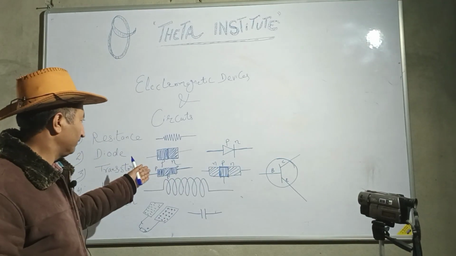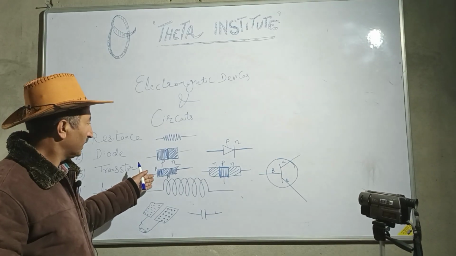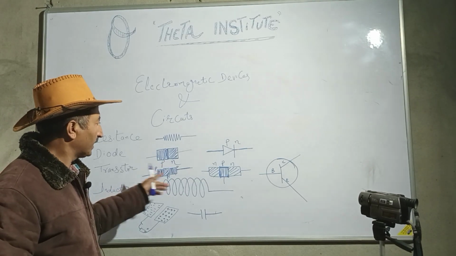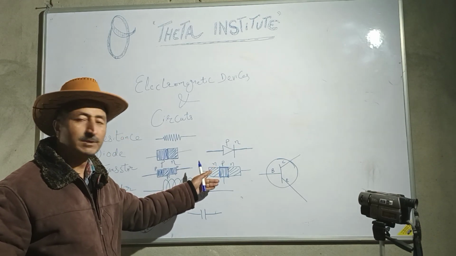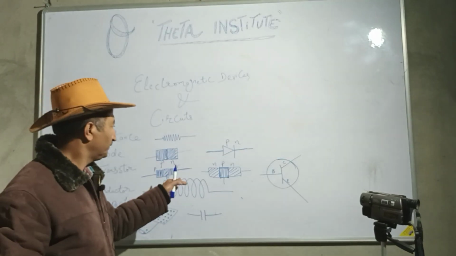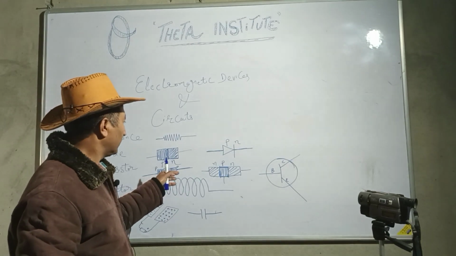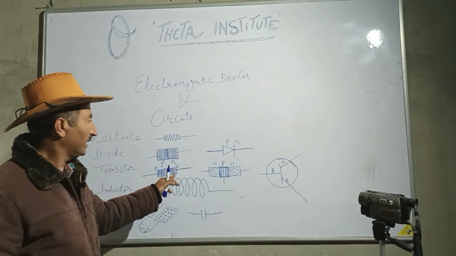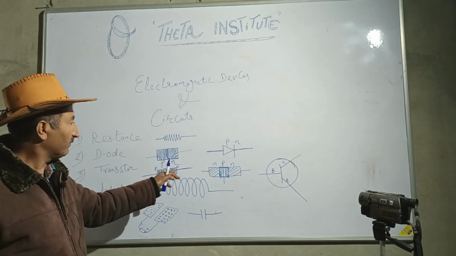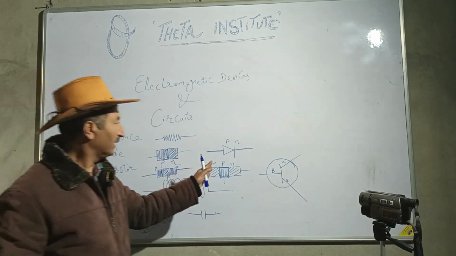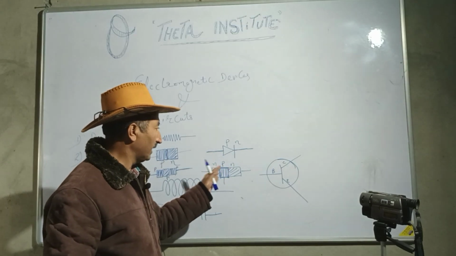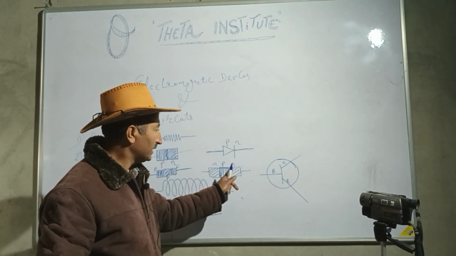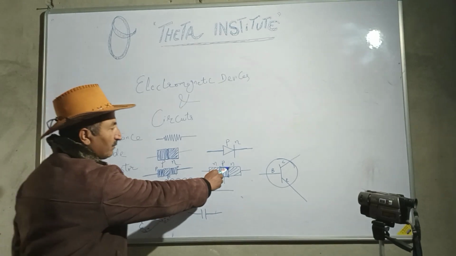The left one P in PNP forms the emitter. The left one in NPN, that is N, forms the emitter. In the PNP transistor, the right one P forms the collector. In the NPN transistor, the right one, that is the N, forms the collector.